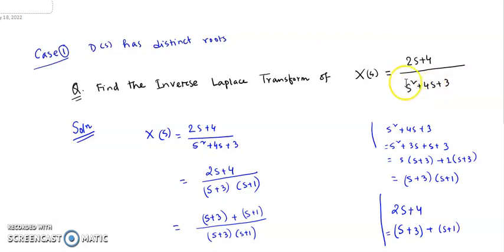Suppose in this fraction the denominator is s² + 4s + 3, so we can say that D(s) is equal to this.